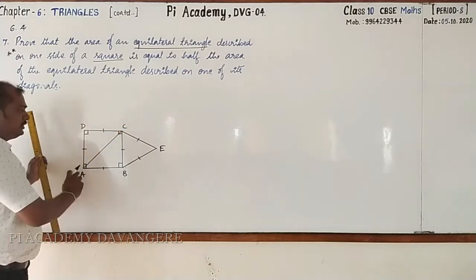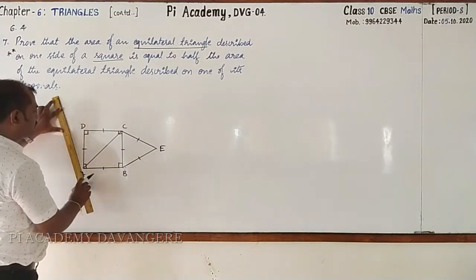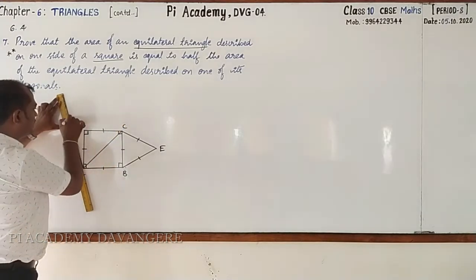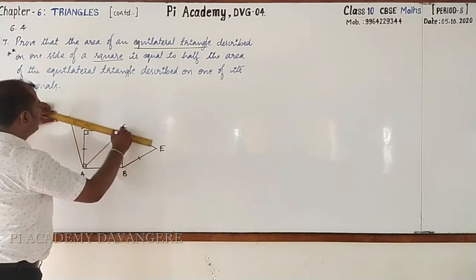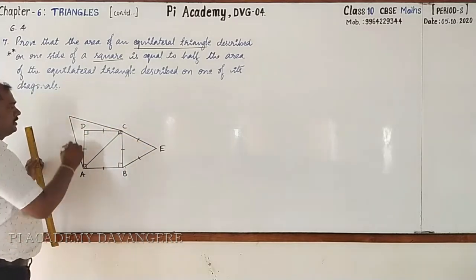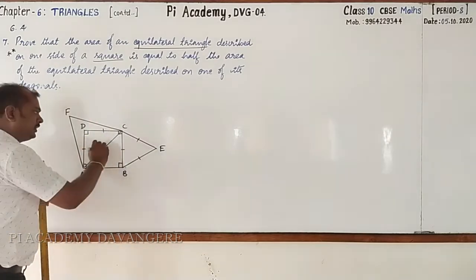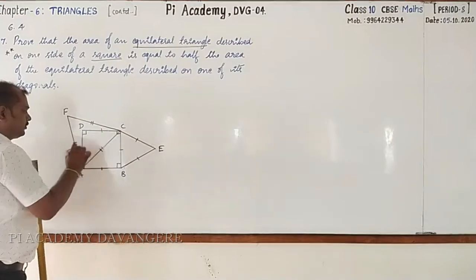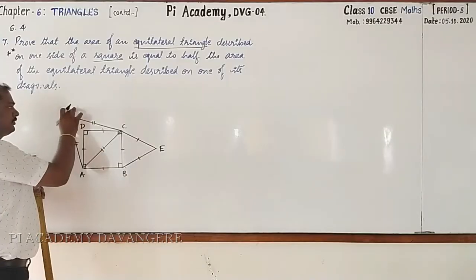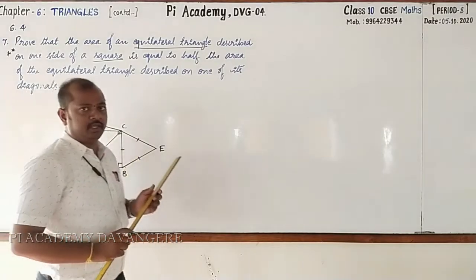Right. On AC, let's draw an equilateral triangle. Hope that you all have understood this. And you may call this triangle ACF. And here, all sides are equal, that is, AC equals CF equals FA.